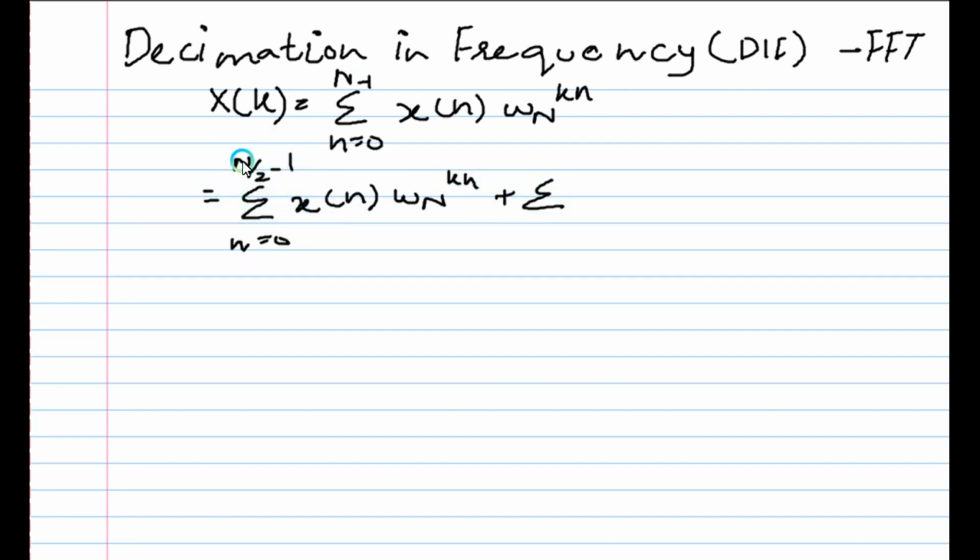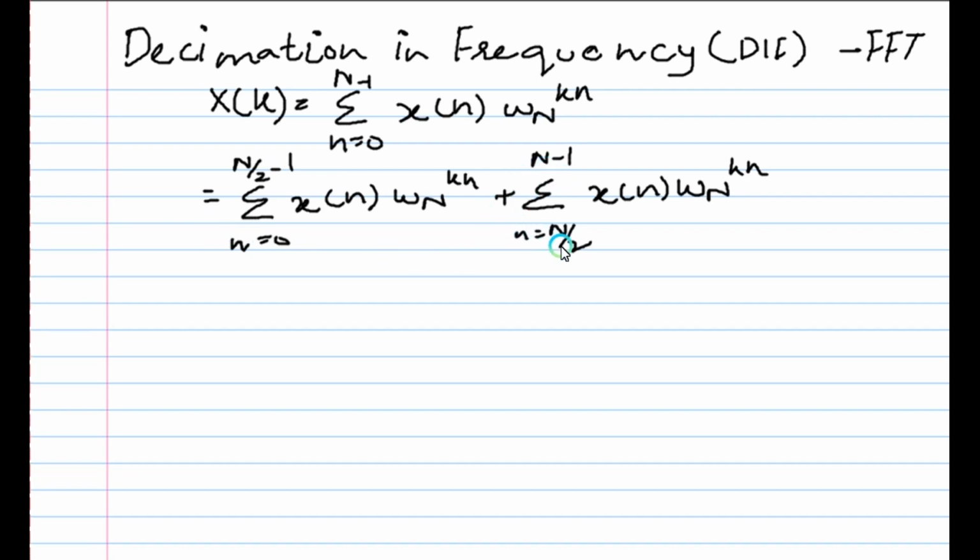So what is the next sample after N by 2 minus 1? That is N by 2 minus 1 plus 1, that is N by 2. So that will be n running from N by 2 to the last of the summation, N minus 1, x of n W_N^{nk}, fine.